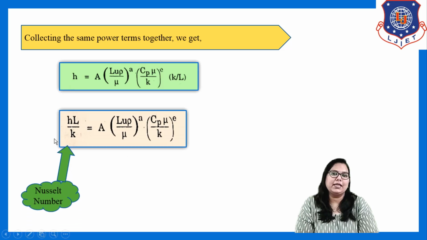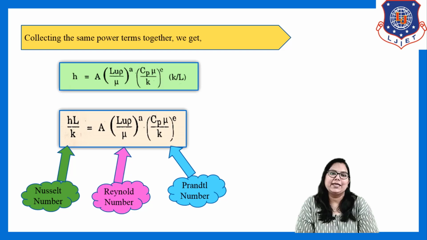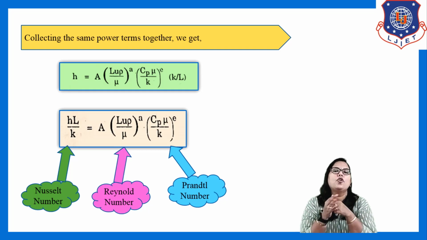This hL by k is the dimensionless number known as Nusselt number. L u rho by mu is the dimensionless number known as Reynolds number, and Cp mu by k is the dimensionless number known as Prandtl number. So this is the dimensional analysis method used for heat transfer by forced convection.